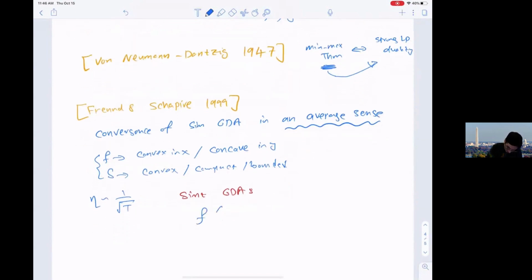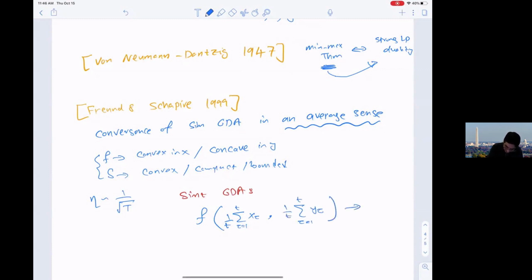If you look at all of the values that you compute along your dynamics and take the average, say over tau from 1 to t, you look at the average value of x along your trajectory, and the average value of y along your trajectory.